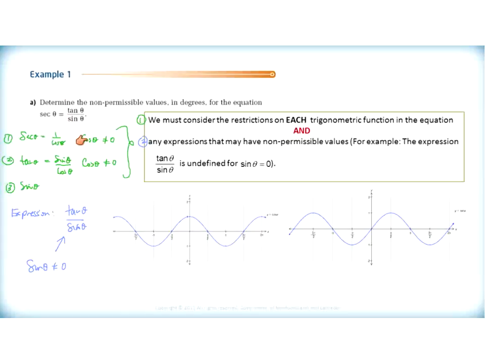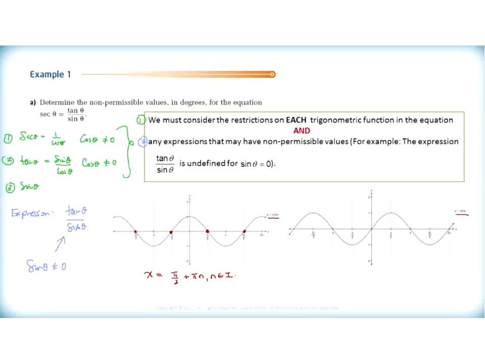So let's look at where cosine theta is equal to 0, because those are the values of theta that we're not allowed to have. Cosine theta is equal to 0 at these locations: at pi over 2, at 3 pi over 2, at negative pi over 2, and at negative 3 pi over 2. So we can write x is equal to pi over 2 plus pi n, where n is an integer, because you can see that this is the graph of cosine x.